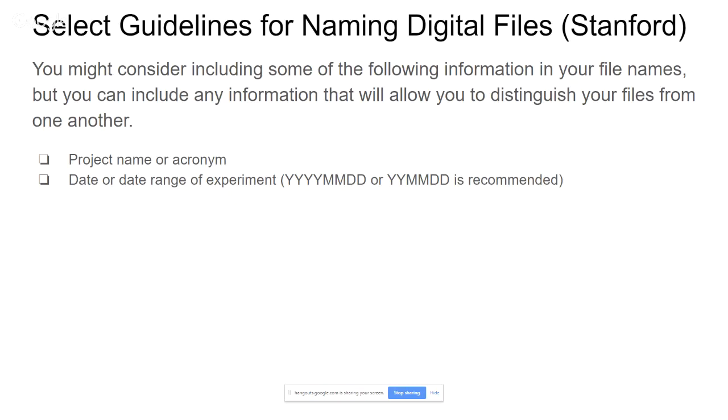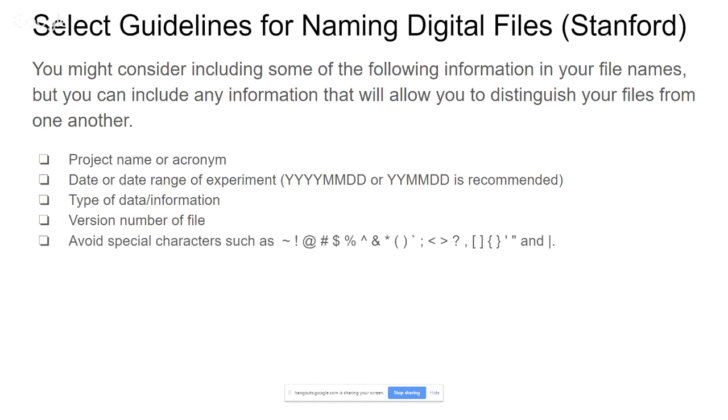So choose one of those formats in terms of month, day, and year to help with your searching. They suggest having some kind of reference to the type of data or information in the file name, and a version number of the file. So maybe if you do a rough draft as opposed to the final version of the file, although I'm not sure how relevant that is since Google Drive can track the version histories now.